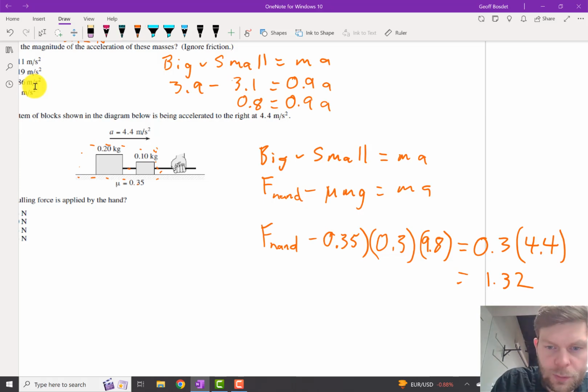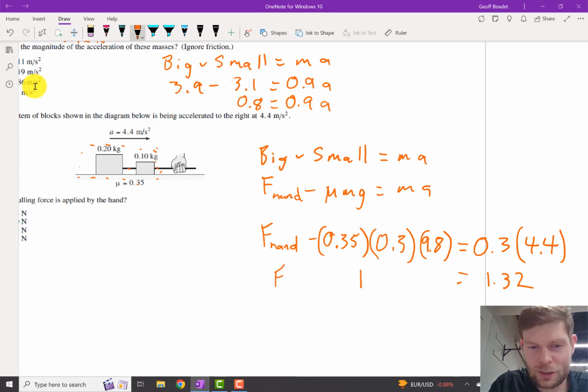Sorry, this should be a minus. There we are. 0.3 times 0.35 would equal 0.105 times 9.8 gives us basically 1.